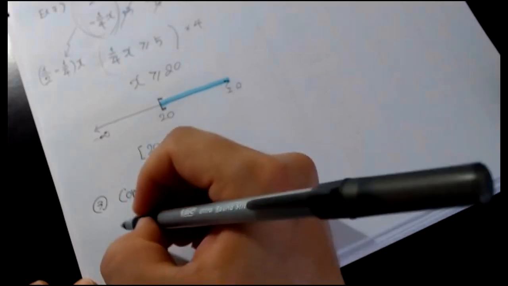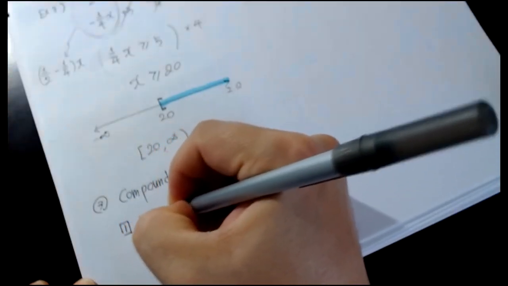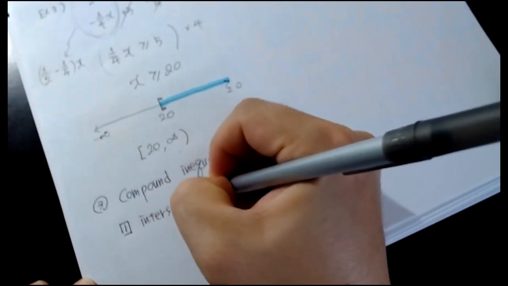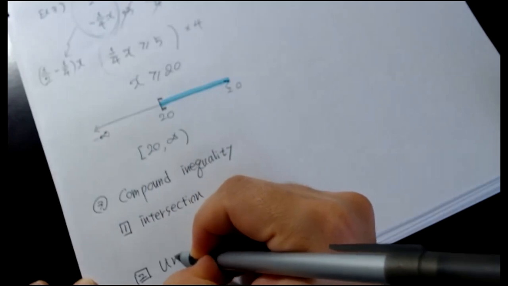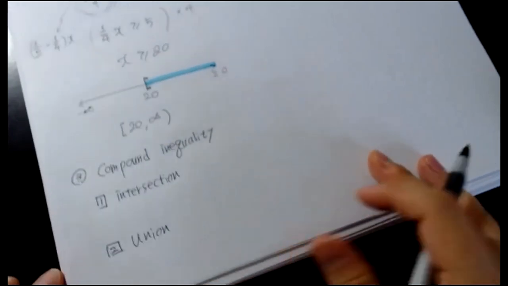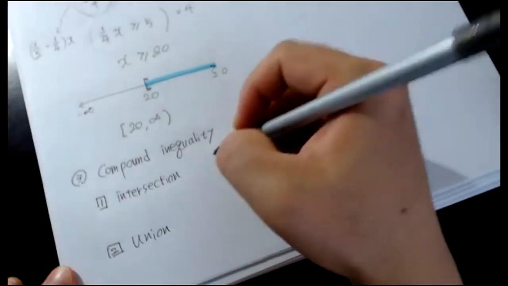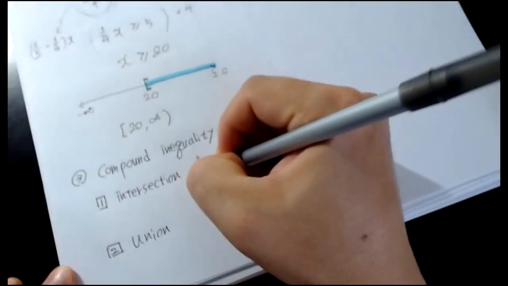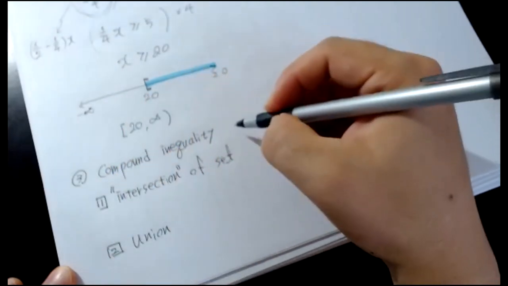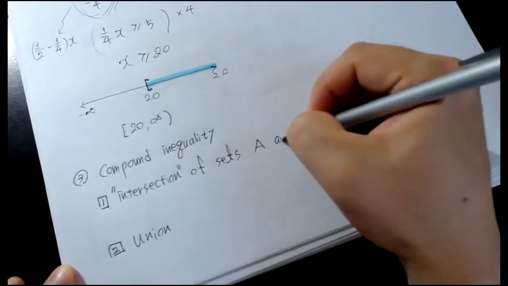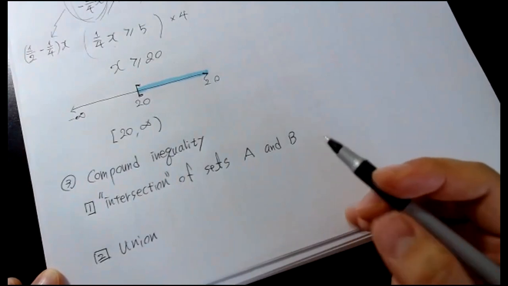The first one is intersection. The other one is union. Intersection means this: the intersection of, for example, sets A and B, or you can say A intersect B.